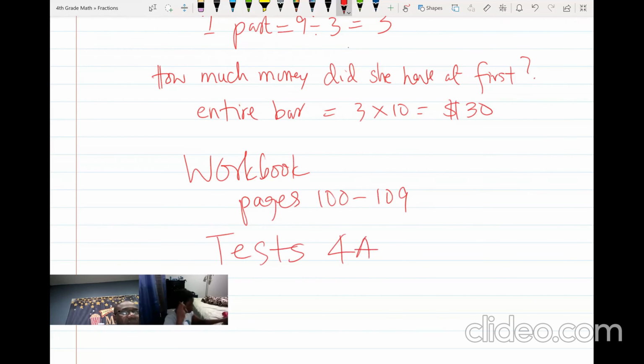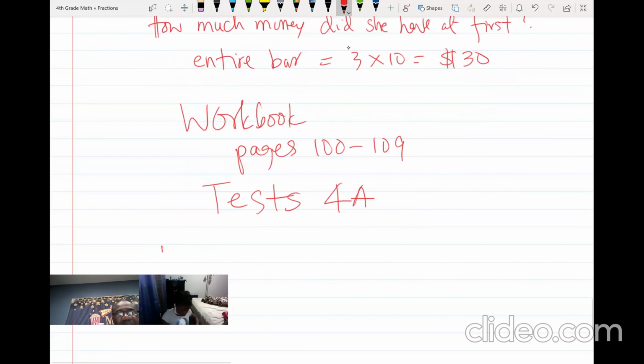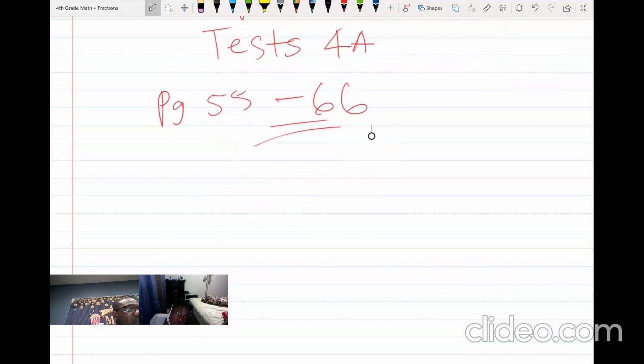We're going to start from page 55. This weekend you will do 55 to 66. Sounds fair.